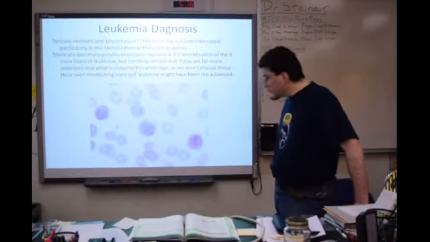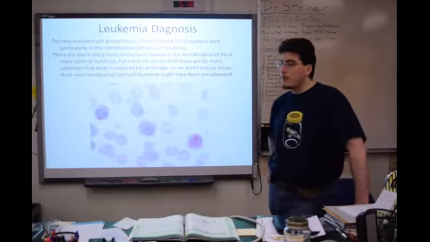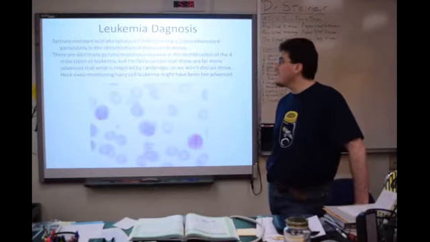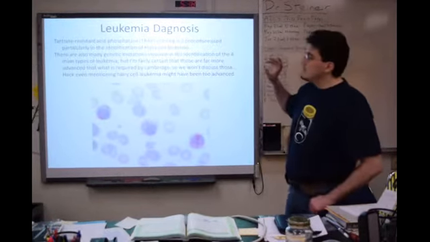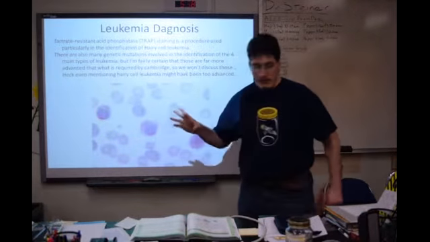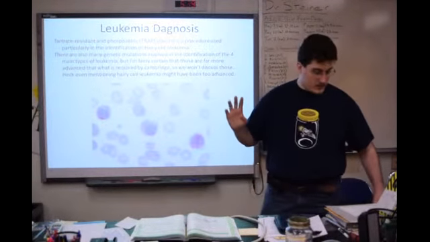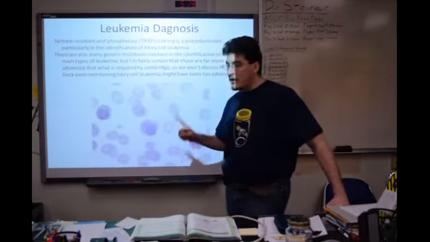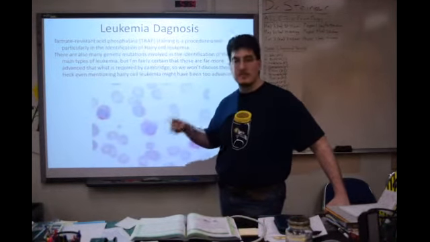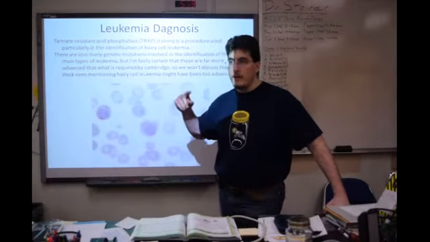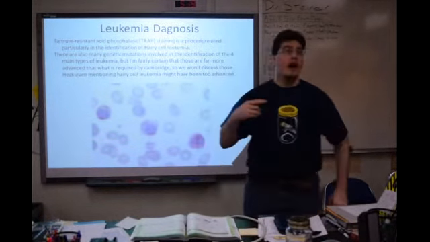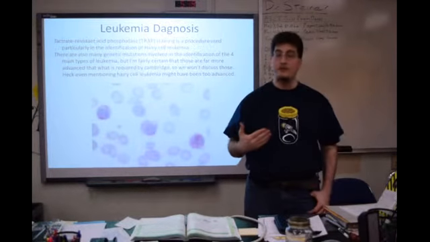Now, there's other genetic tests that you can perform, for example, looking for 9;22 translocation or various other things, but it's unlikely that the amount of points that you would get from knowing other diagnostic procedures will be the difference between you getting full credit and not getting full credit.